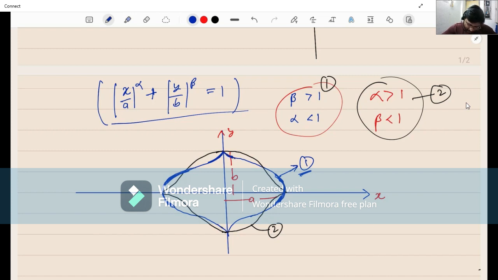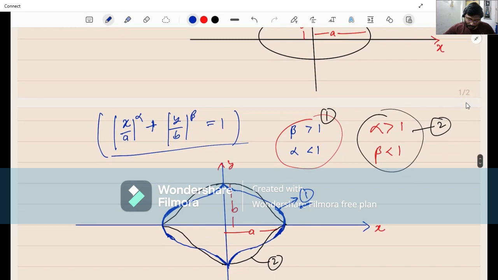So it is symmetric along the x-axis and symmetric along the y-axis, but the symmetric nature along the x-axis and y-axis is not the same, because we have chosen different values of alpha and beta. If we make alpha and beta the same, then the symmetric nature will be the same along the x-axis as well as the y-axis. But this is symmetric because we have put the modulus over x and y.